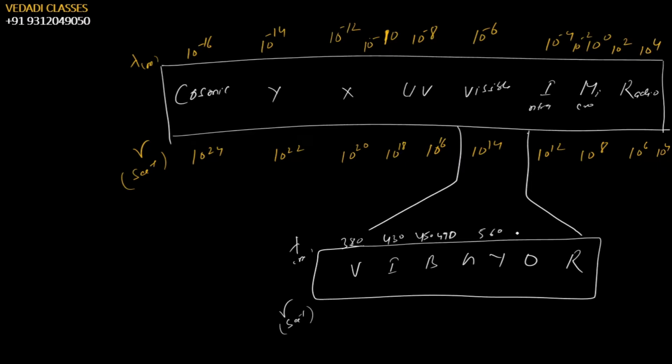They have given 560, then 590, then orange near 650, and red 760 in between. This is the wavelength they have given you, so you should keep in mind the wavelengths only. Vice versa you can do. You should keep in mind that these values are in nanometer.